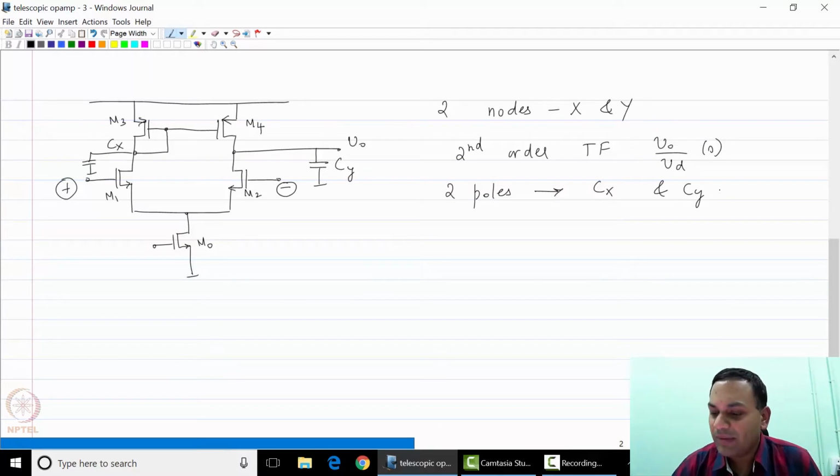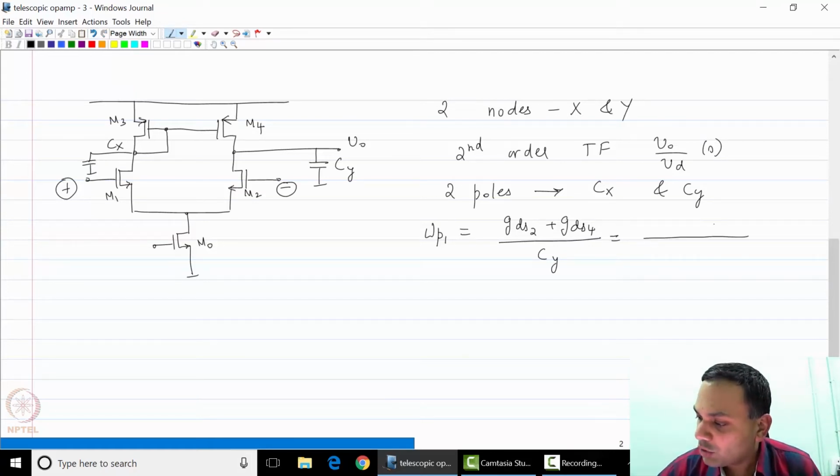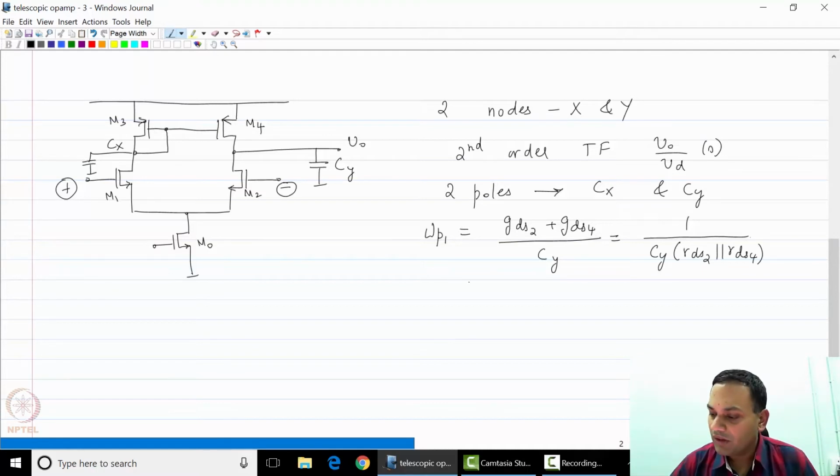So just a quick reminder. The dominant pole omega P1 was GDS2 plus GDS4 over Cy, which was the same as 1 over Cy into RDS2 parallel RDS4.